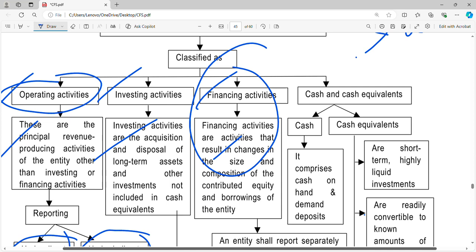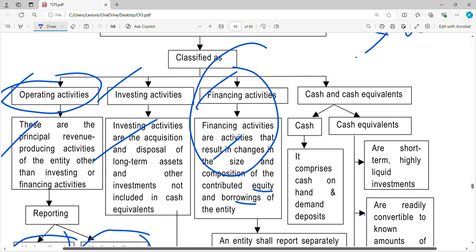The main point here is that if you are paying interest or any dividend, it comes under the financing activity. If you are receiving interest or dividend, it will come under the investing activity. And this adjustment will need to be deducted from the operating activity, because it will be there in the operating portion.